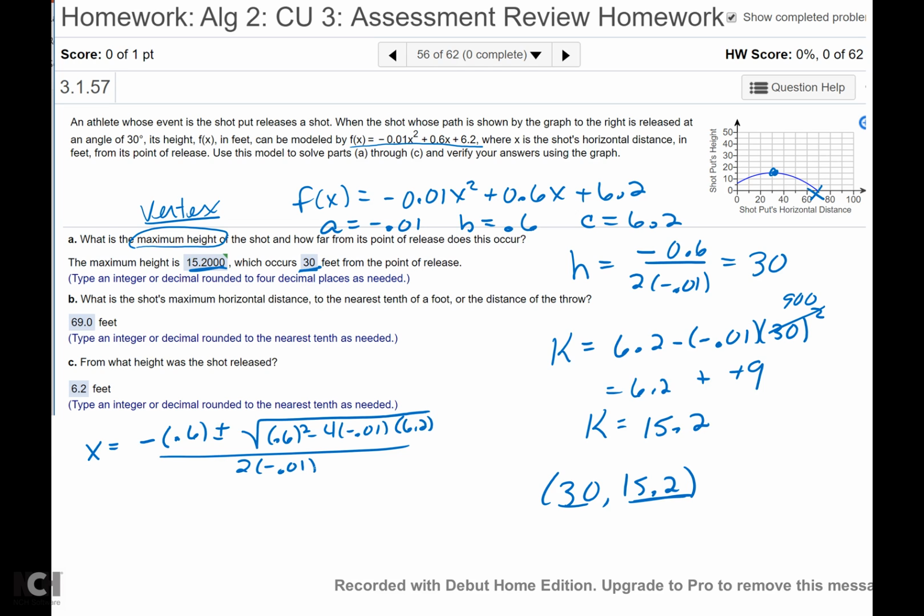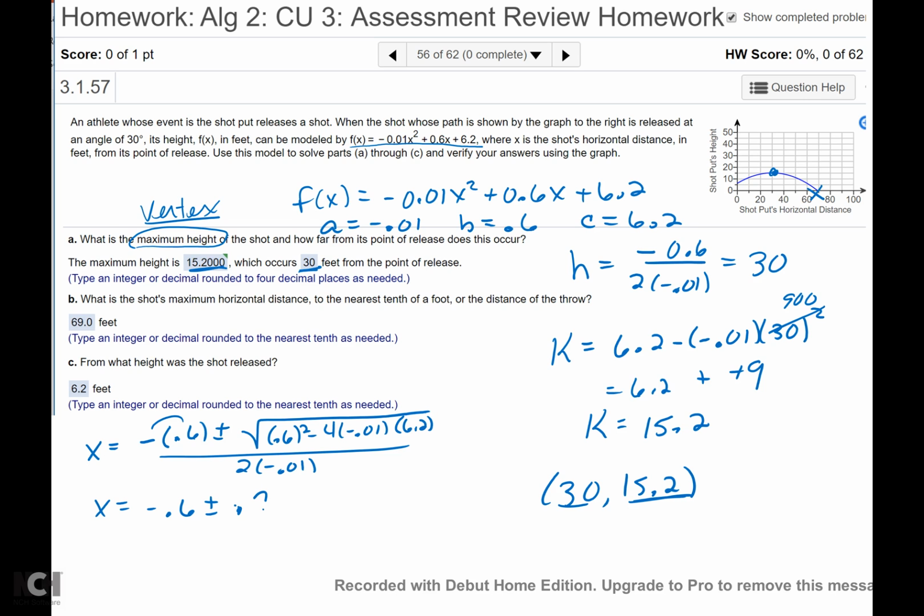So let me do this here. 0.6 squared minus 4 times negative 0.01 times 6.2 is 0.608.